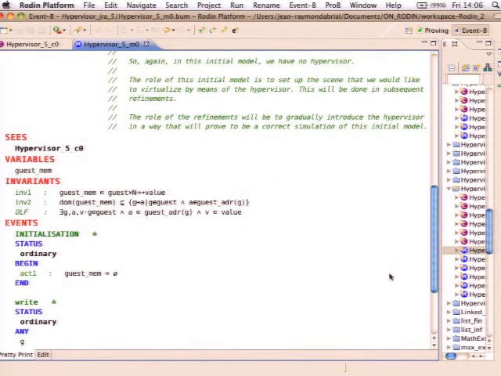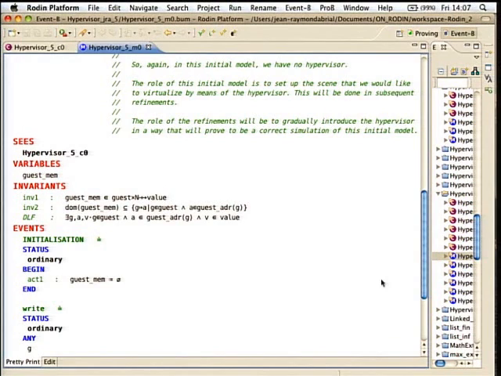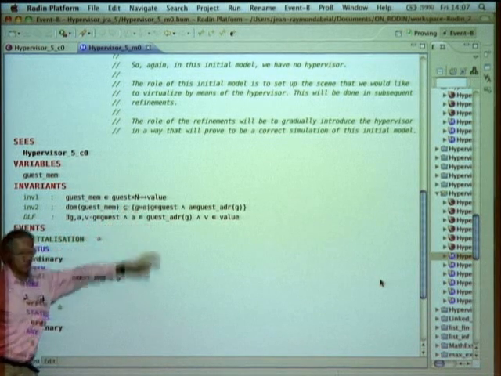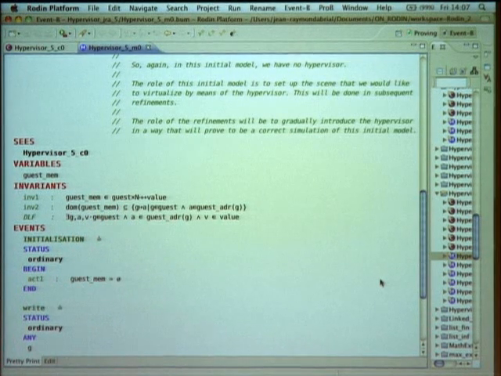So this is essentially what we're doing here. This is done by defining just a single variable, which is a guest memory, and the guest memory is a function from guest and address to value.